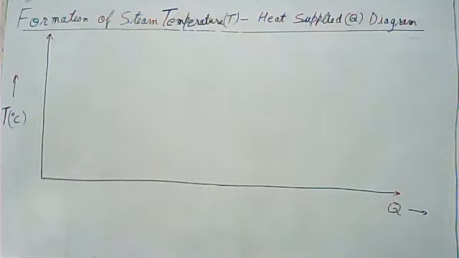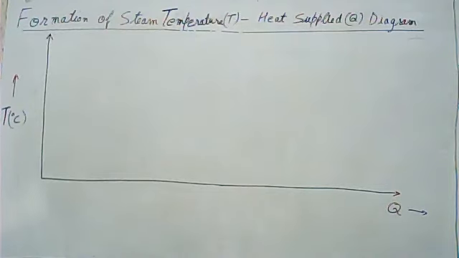And when we still went on adding heat to the system, we reached a state where there was no water and 100% steam was there at the saturation temperature, and that point was your saturated steam state.